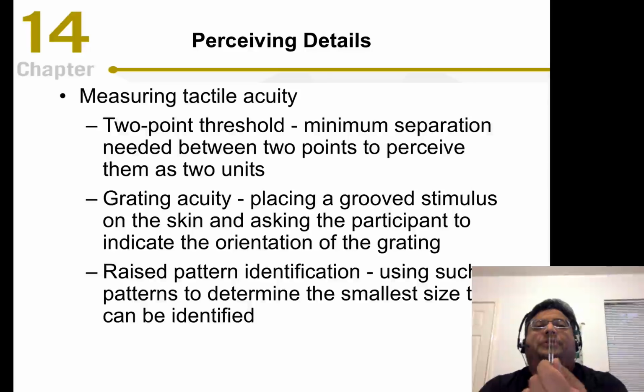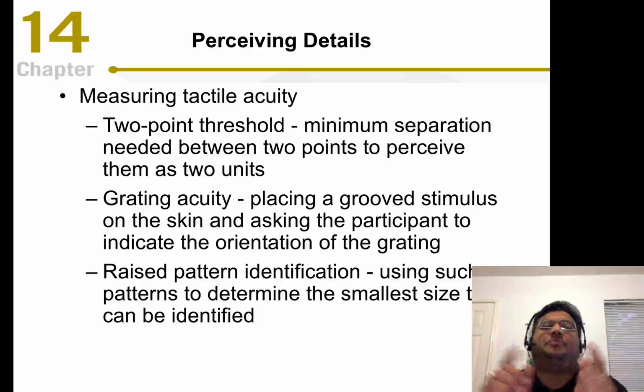So the 2-point threshold is basically the minimum separation that I need to be able to perceive these 2 points as 2 separate points instead of just one. Obviously I'm going to perceive them as 1 point there, and 1 point there, but at some point I'm going to be able to feel that there are 2 points there. So that's the 2-point threshold.